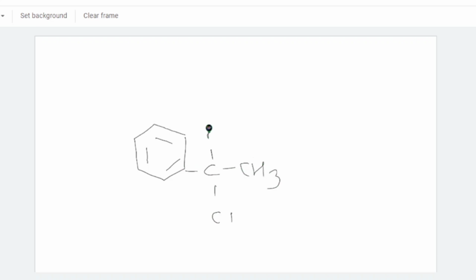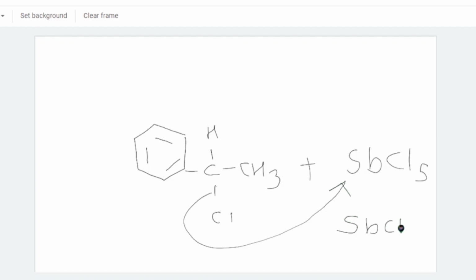This is 1-chloro-1-phenylethane. It reacts with the SbCl5. What will happen? This bond will make a coordination bond with antimony and you will get SbCl6 minus. So what will be the second product?